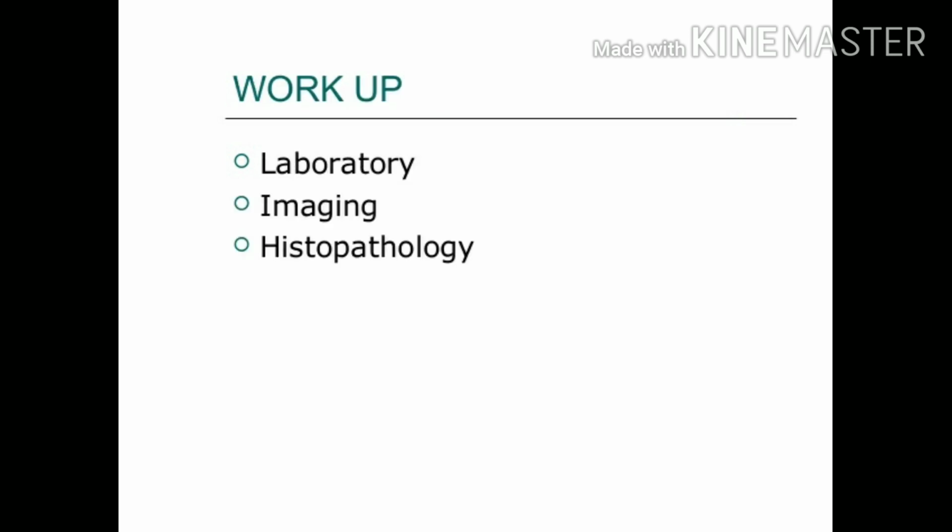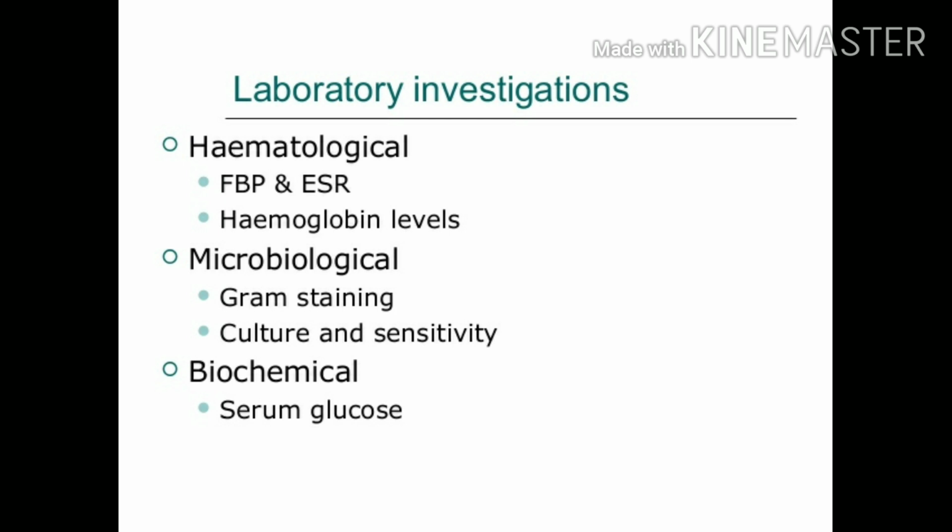Now coming to workup, which will include laboratory, imaging and histopathology. Laboratory investigations will mainly include hematological tests, which will include full blood picture, erythrocyte sedimentation rate, and hemoglobin levels.